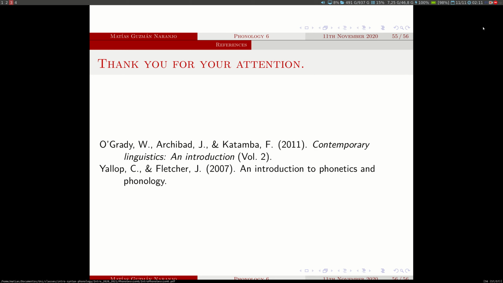The answer is in the underlying representations. We assume that the underlying representation of words where you can have syllabic consonants, like bottle, actually contains a schwa. So bottle, with a schwa after the t and before the l.